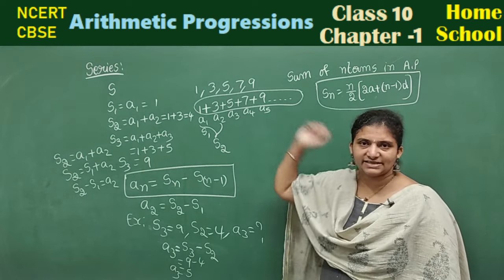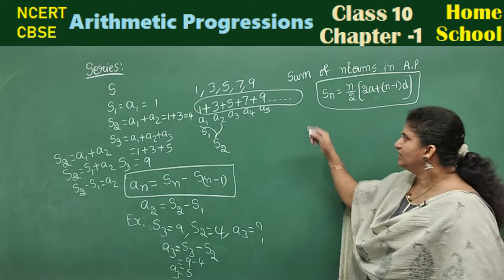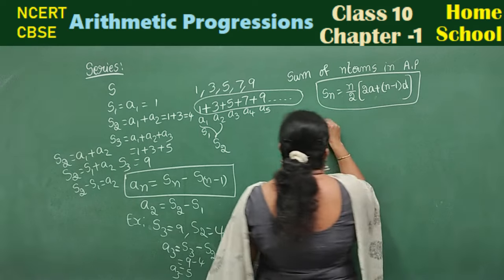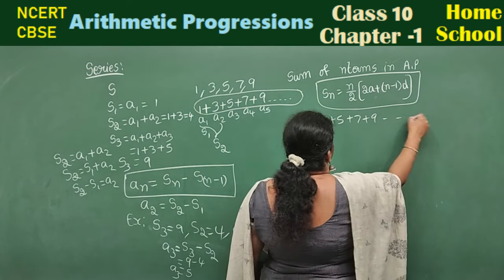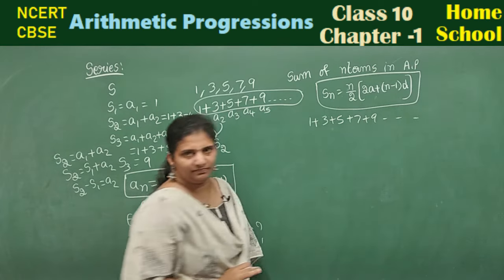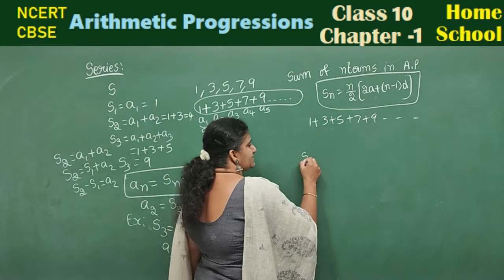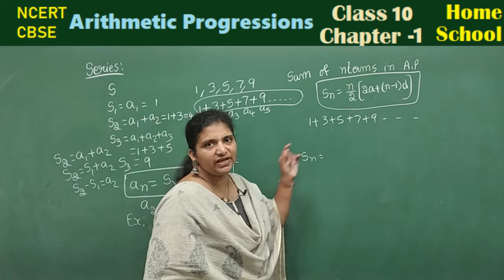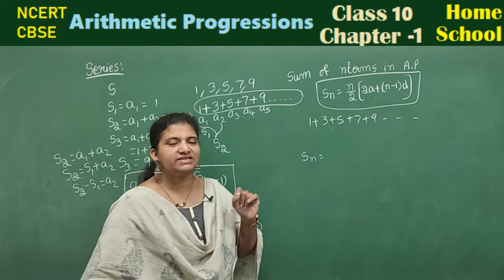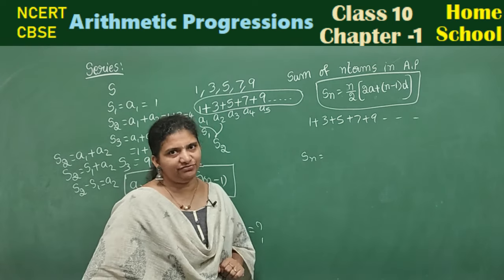Let us take this example and find Sn. Let me take here 1 plus 3 plus 5 plus 7 plus 9 and so on. Find Sn is equal to question mark. By observing this, we need to first find the first term and common difference.